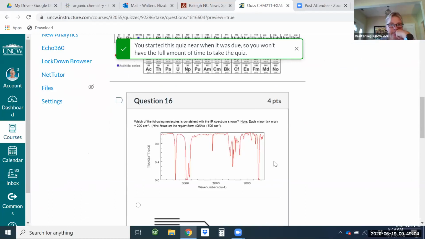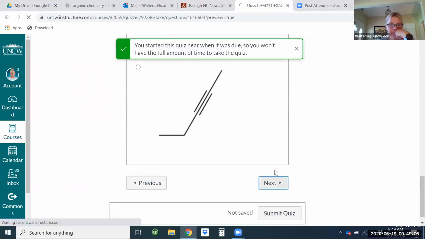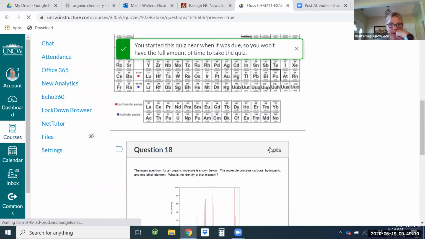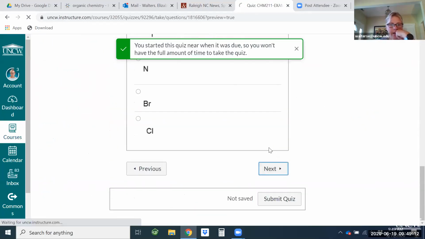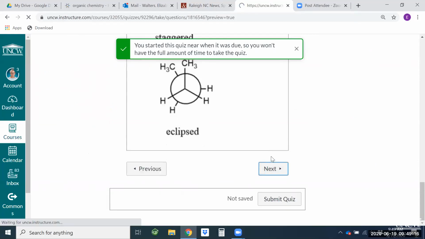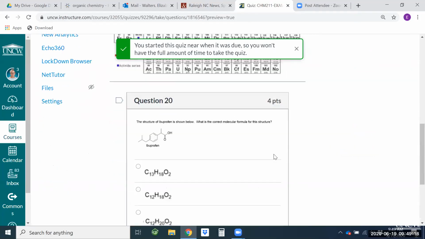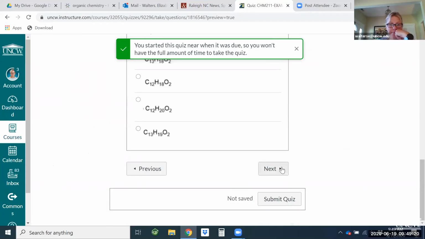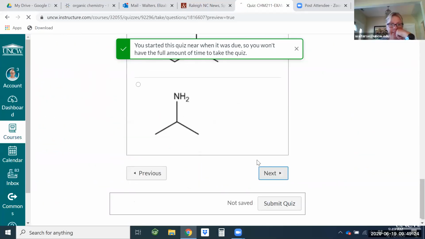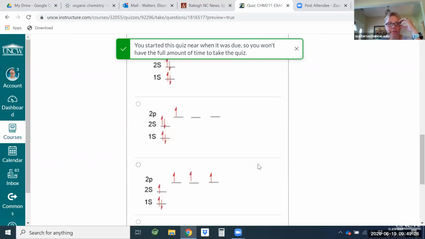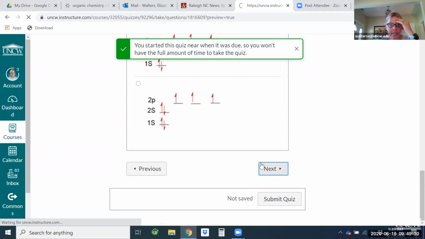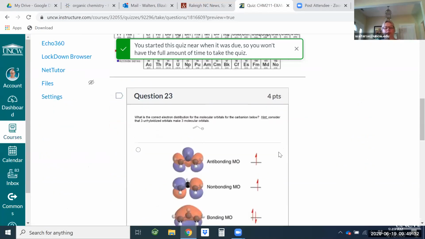It's okay, they scramble them every time you go in, so they're never where you think they are. So you have to look through all of them. Okay, here.